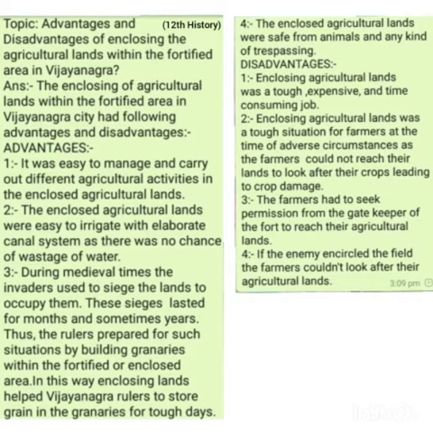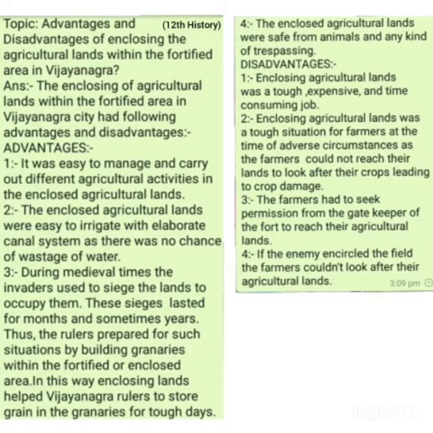And thus rulers prepared for such situations. The Vijayanagara rulers prepared for such situations by building large granaries within the fortified areas. There was every chance of the people caught in the siege dying of starvation.